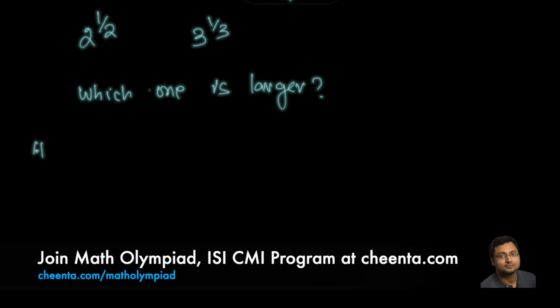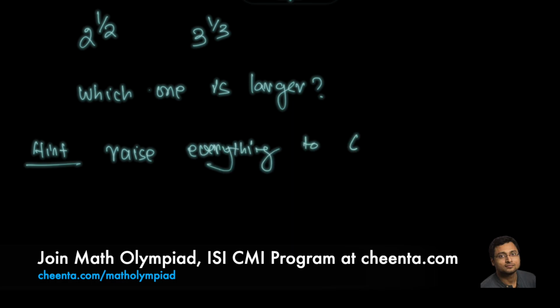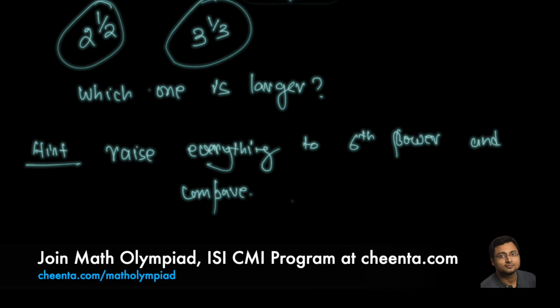I will give you a hint: raise everything to the 6th power and compare. So can you do that and put a comment in the description, which one among these two is larger, and hence which one is the largest value of that sequence. It's a very simple but interesting problem.